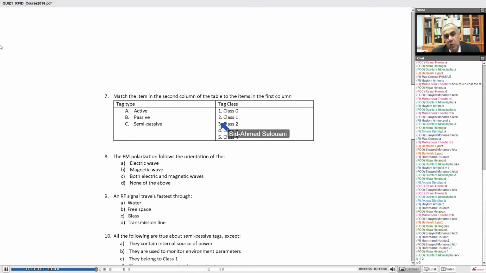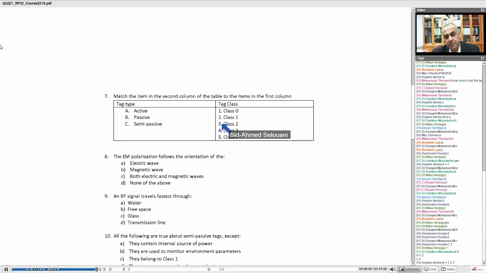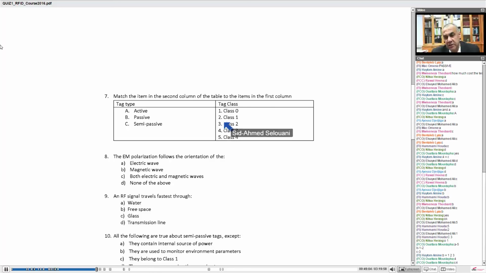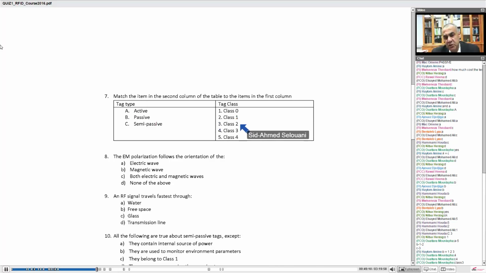Just see your figure. B, passive, is class 0, 1, and 2.